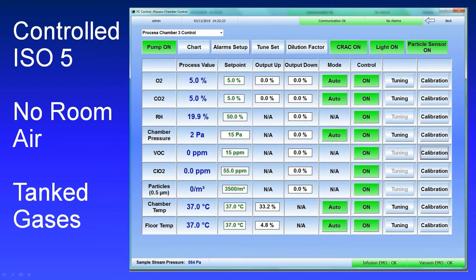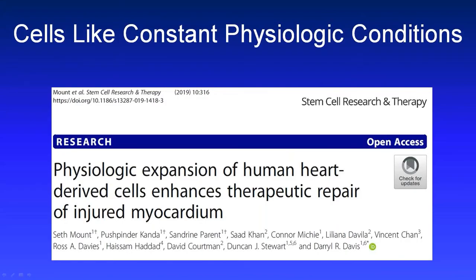Because in a BSC or a traditional isolator or in a RABS unit, you only have filtered room air. You don't have control of any of these parameters. Now, cells really like constant physiologic conditions. We see this time after time after time in all different types of cells. And I have over 3,000 customer publications that we've gathered proving this. But this particular paper is interesting.